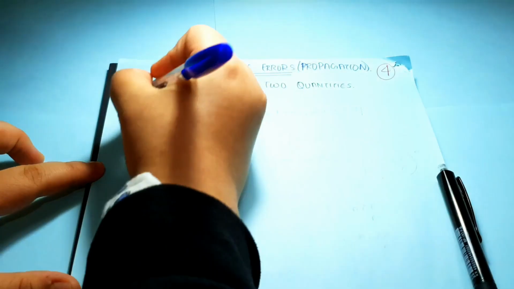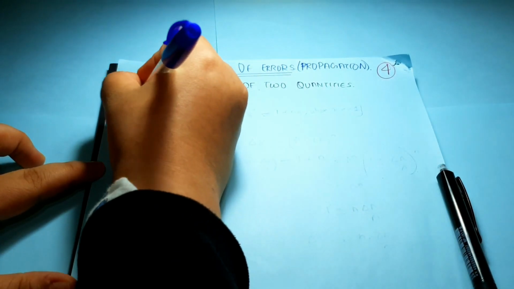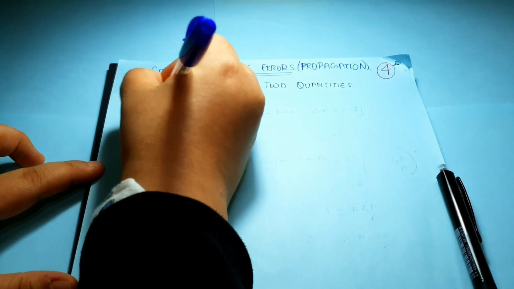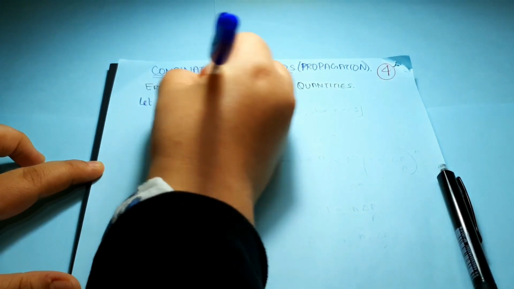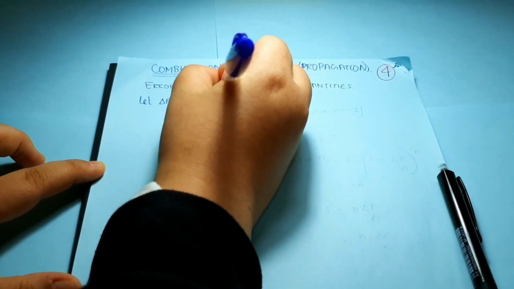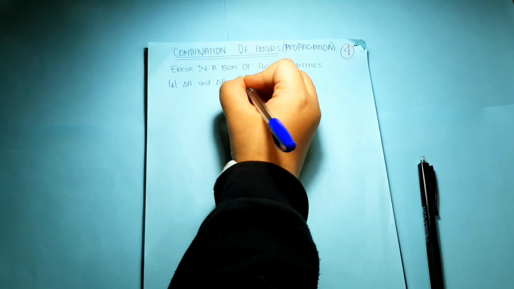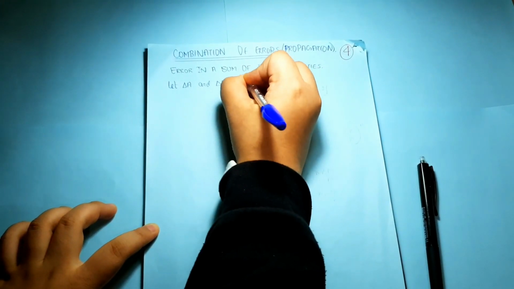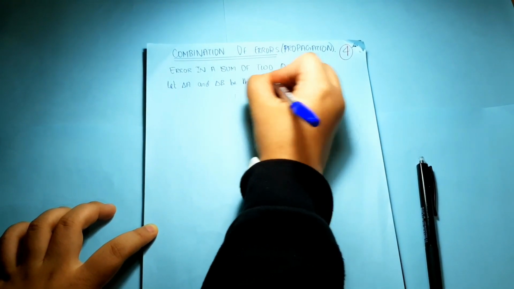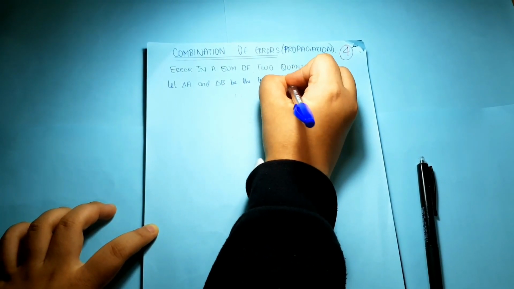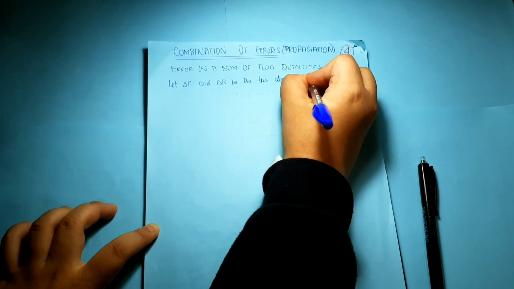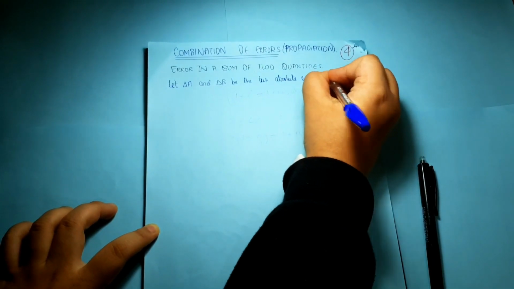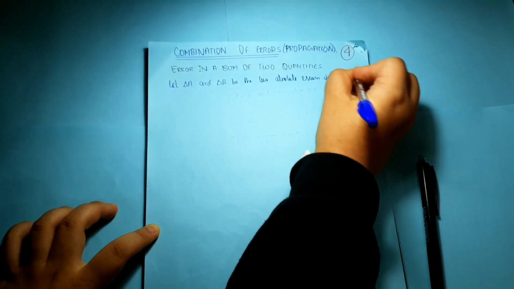Let delta A and delta B be the two absolute errors in A and B quantities.